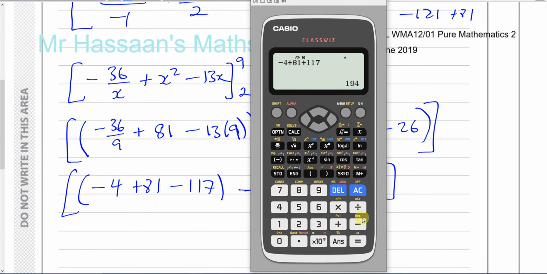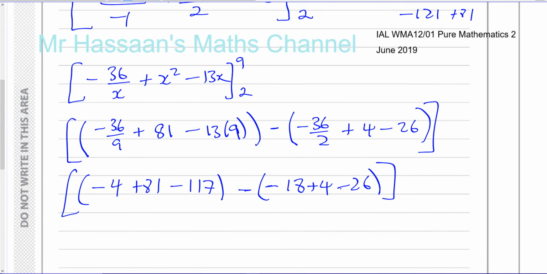Oops. It's minus 117. What am I doing? Sorry. Yeah, minus 40. I was better without the calculator actually. Anyway, minus 40. So you've got to be careful when you use a calculator. Sometimes you press the wrong button.